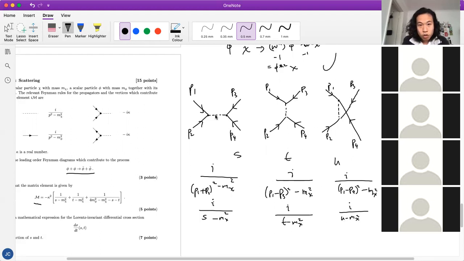And then each one of them contributes a vertex of minus i kappa. There's no external line, so you don't have to worry about that. So you pick up a minus i kappa here, minus i kappa here, same for here. So each one of them just gets a minus i kappa squared, and the total amplitude is all of these added together.